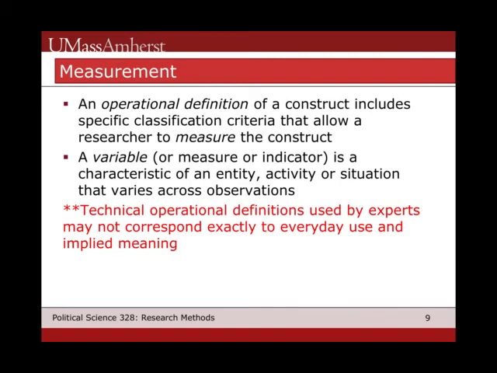And the thing that we call a variable, which might also be called a measure or an indicator, is a characteristic of an entity, activity, or situation that varies across observations. So demographic variables like gender or race or years of education, income. Of course, we could have other things like score on an IQ test. That might be one way to measure intelligence. Or ability to read social situations. That might be a form of social intelligence.